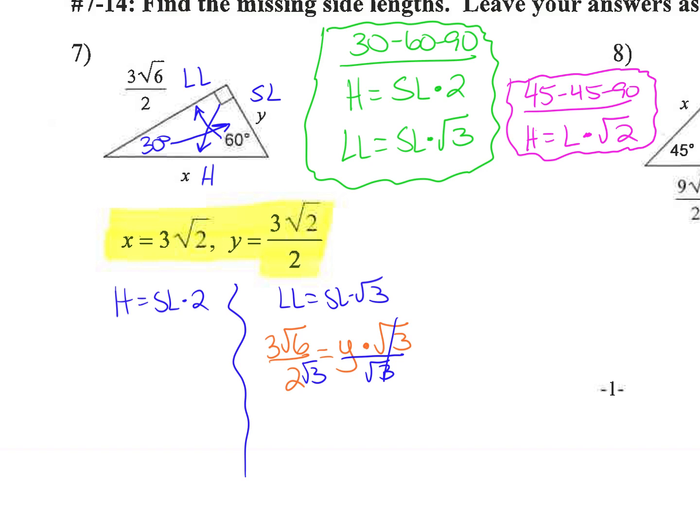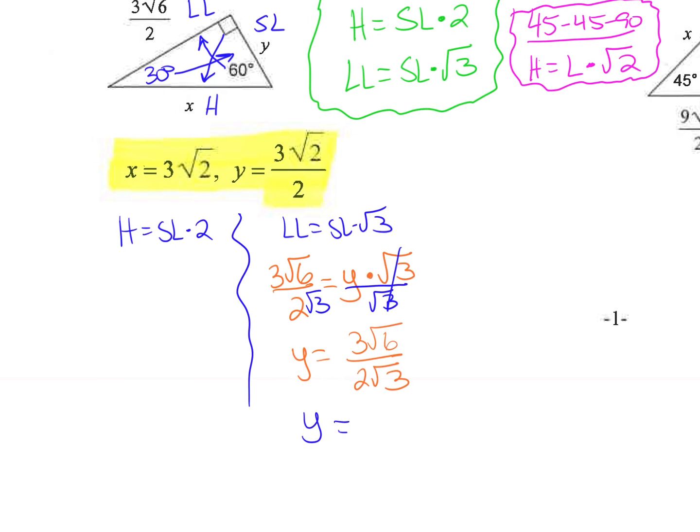So then we rewrite it. Now I've got y is equal to 3 square root 6 over 2 square root 3. We need to simplify here. Remember, you keep the whole numbers together, multiply and divide those, then multiply and divide the radicals. So 3 over 2, can those be reduced anymore?